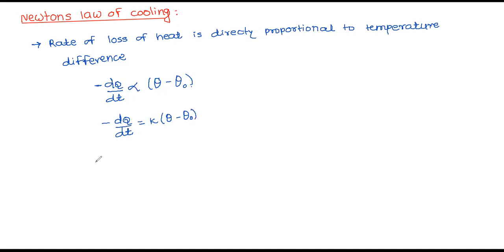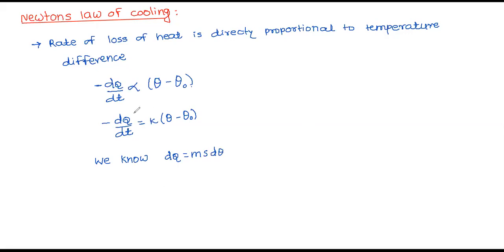Okay. Now we know that this dQ is what? Heat, and it is m s into d theta. This d theta is what? Change in temperature. Yes or not? m s d theta.